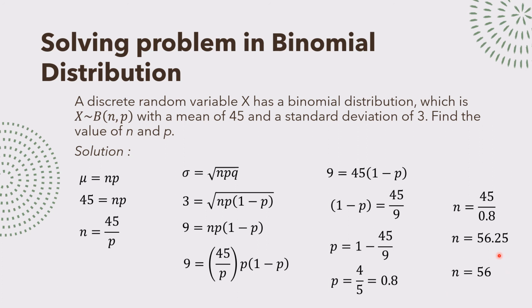Actually, it's not rounding off, because for the value 56.25, the 0.25 does not count. The decimal doesn't count because there should be no half person or half animal or half thing. So we just take the value 56.